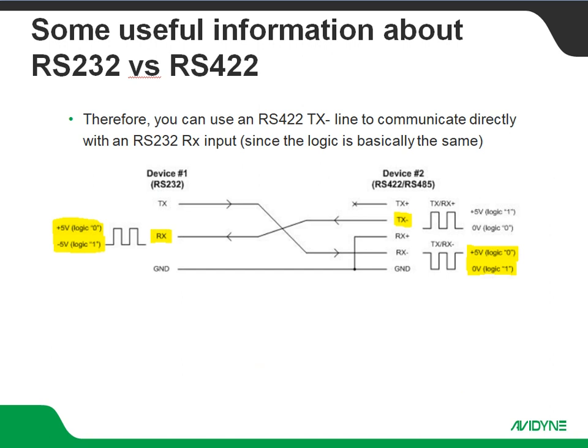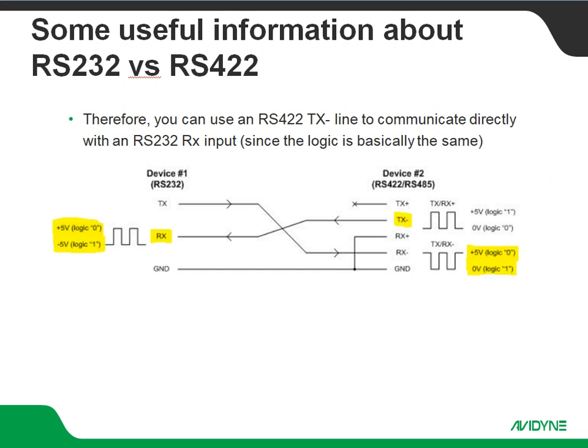And because of that, we can actually use an RS-422 transmit negative line to communicate directly with an RS-232 receive input, because the logic is essentially the same, since that transition happens at about 1.5 volts.